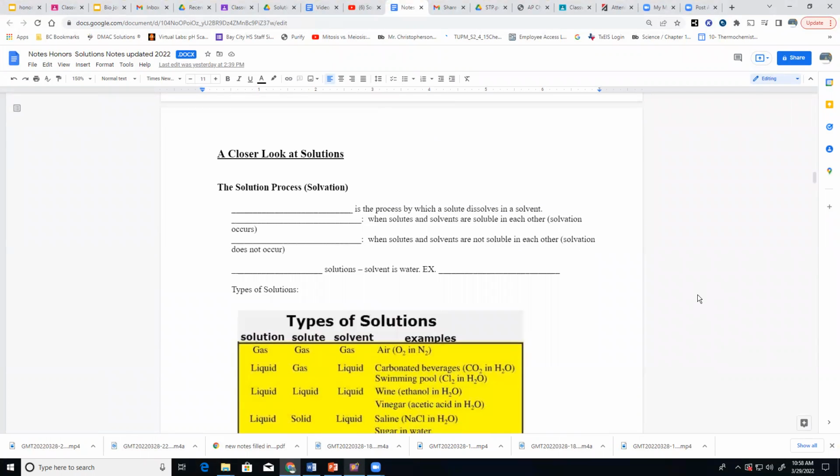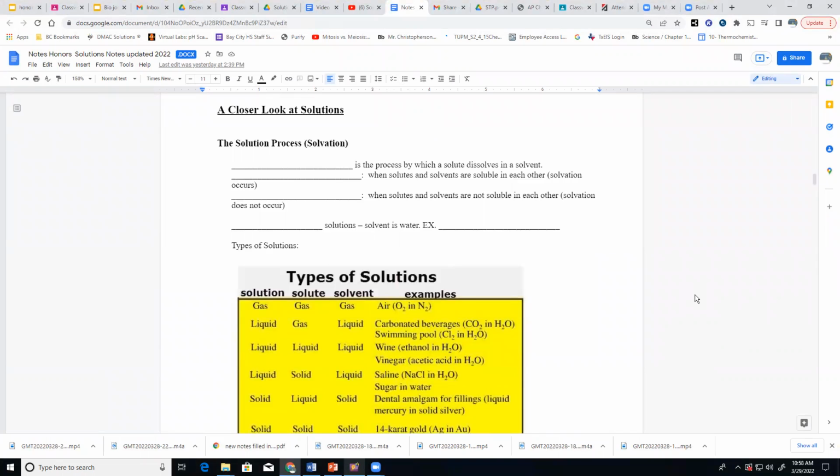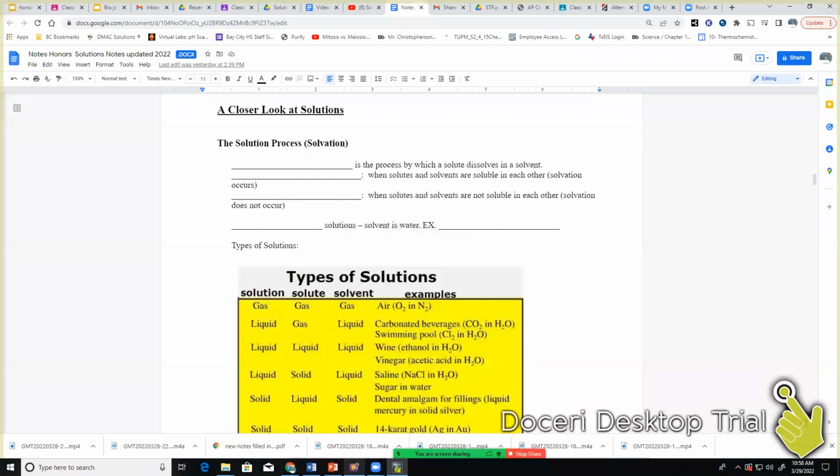All right, so we're going to talk about solvation, not salvation, but solvation, which is just a fancy word for the solution process. So solvation is a process by which a solute dissolves in a solvent.